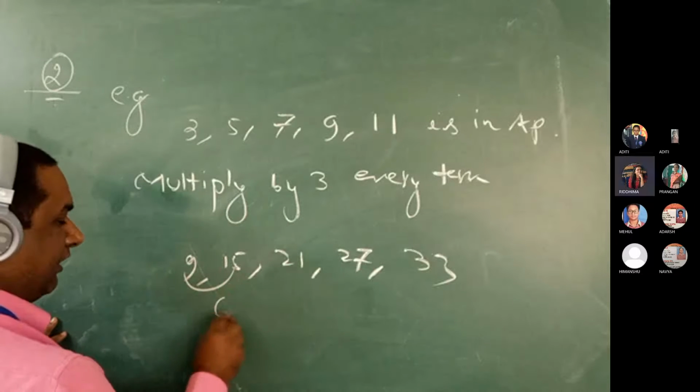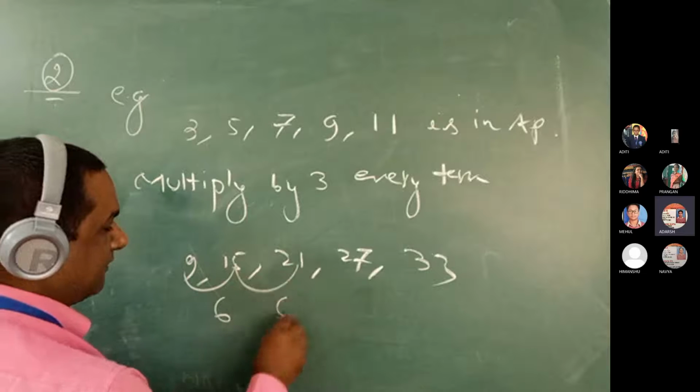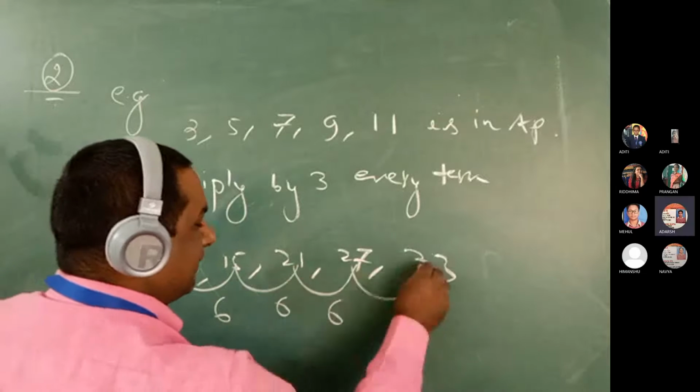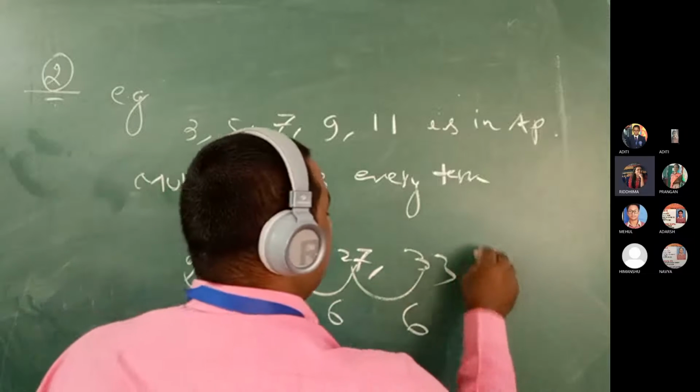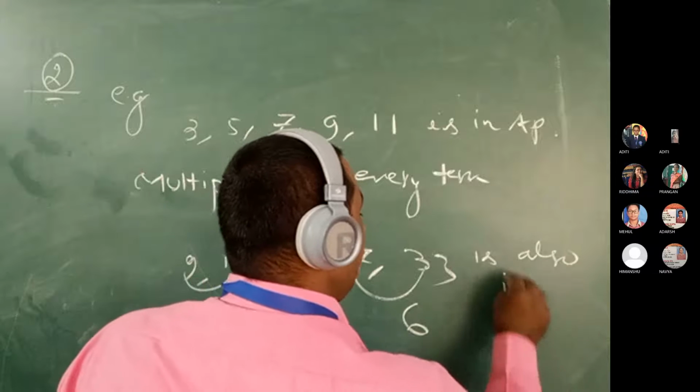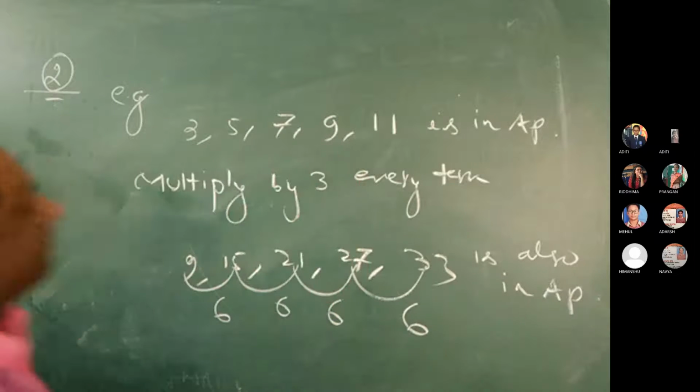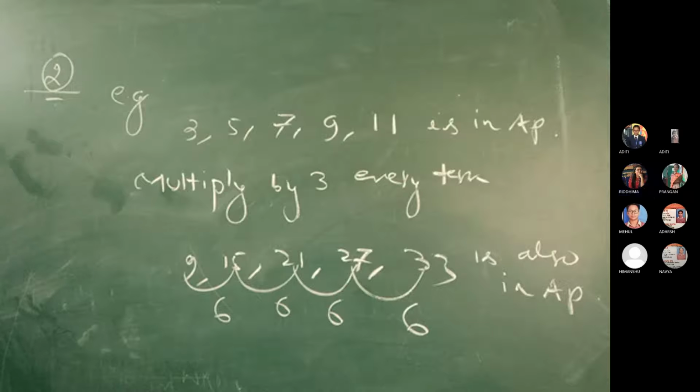So the difference is 6, again 6, and again 6. So this is also in AP. Is that okay? Yes sir.